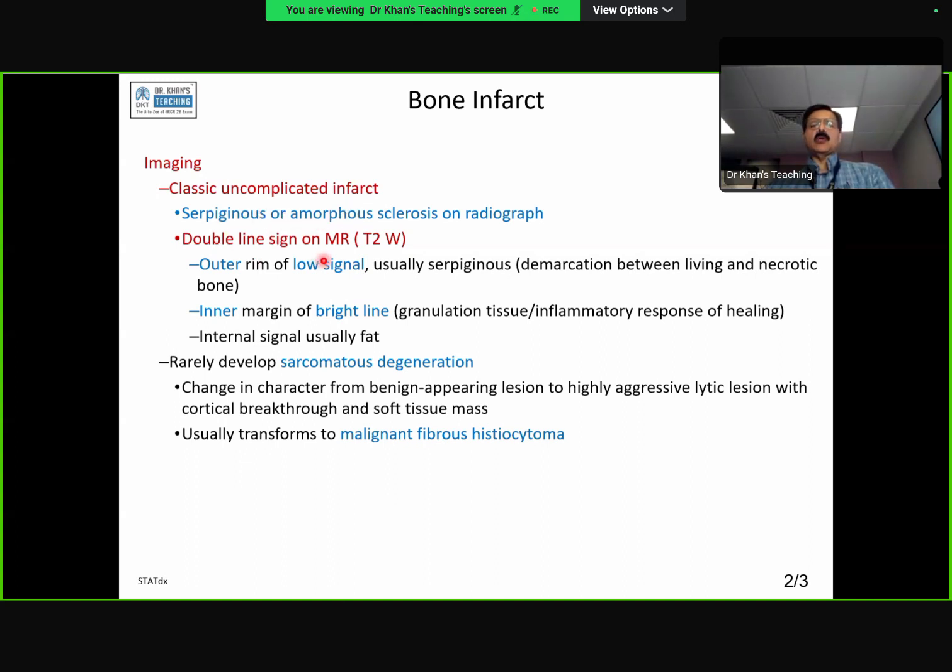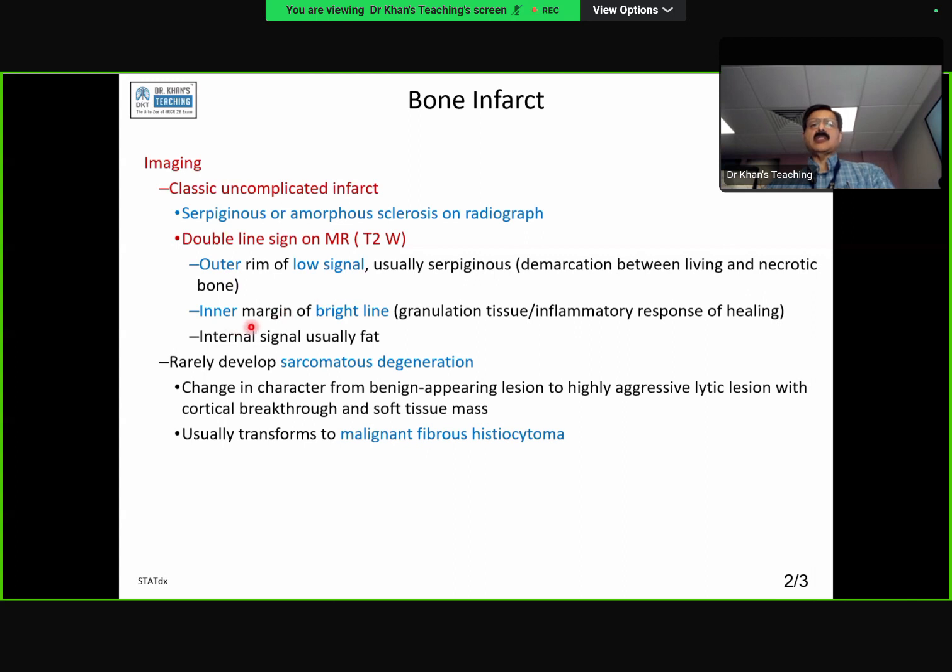Double line sign. What is a double line sign? This is an exam sign; they will ask you in the exam. First of all, remember that it is seen on a T2 weighted sequence. There is an outer rim of low signal, usually serpiginous, which is the demarcation between living and necrotic bone.